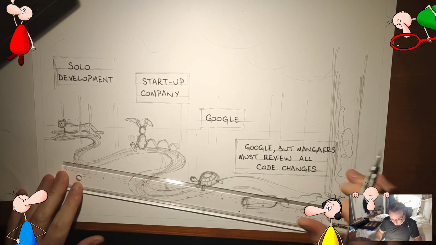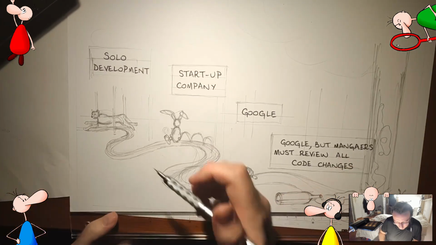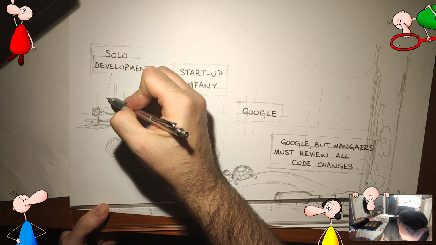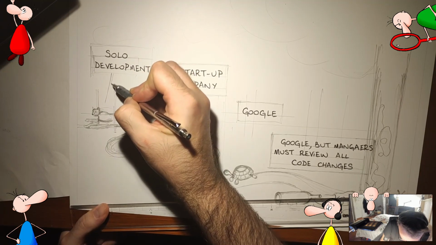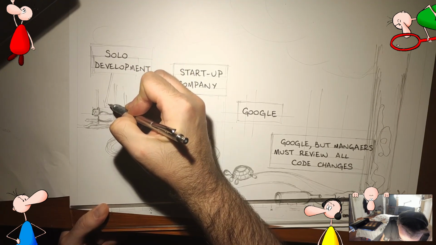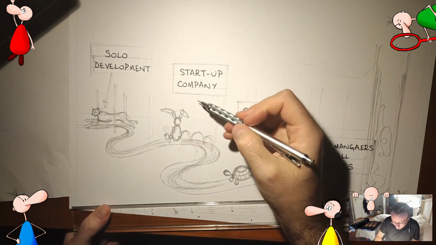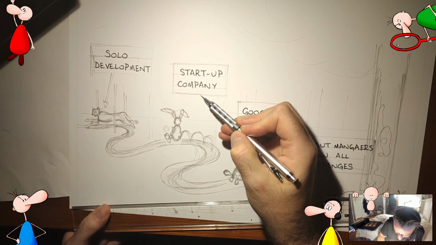Okay, so I want arrows to point to these different things. So something like this. And this.